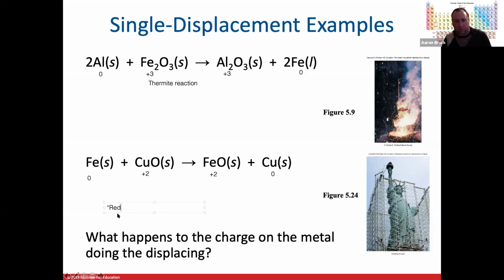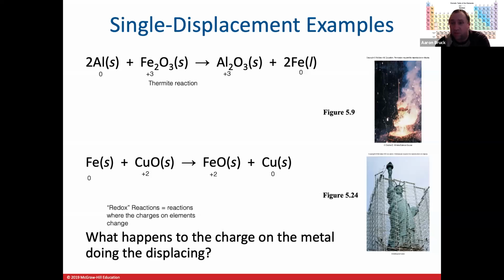This is known as a broad class of reactions known as redox reactions. And basically, we can look at them as any kind of reaction where the charges on the elements will change. It gets a lot more involved than this, but this is a good starting place for us to look.